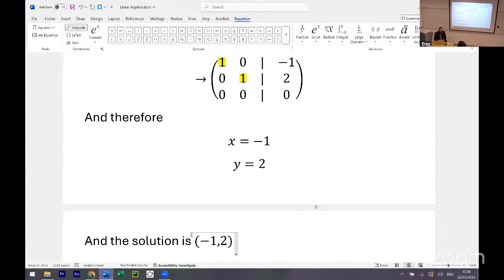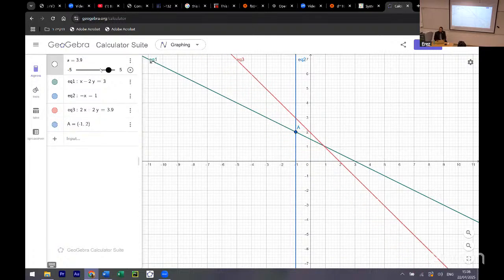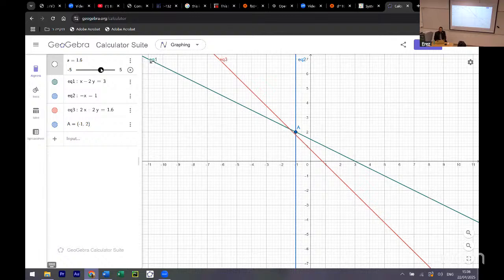Each bounded variable is fixed to a number, and that's the intersection. Let's make sure it is. It looks fine, and I'll write it anyway. Indeed. Okay. So we figured out the whole story not using GeoGebra, but by using the process of elimination. And any question so far?